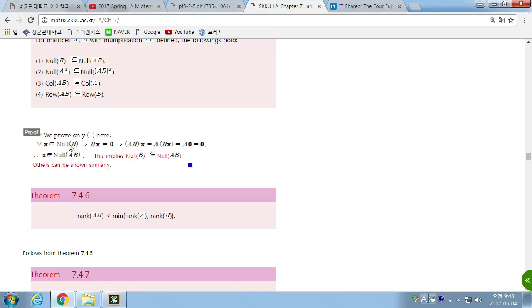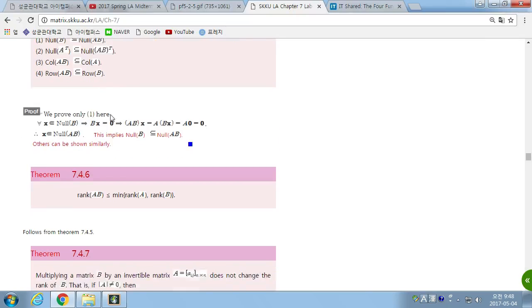So any vector in null space of B is in the null space of AB. So null space of B is a subset of null space of AB. Others can be shown in a similar way. Since we are going to show the subspace relationship, we choose an arbitrary vector from the left and show it is in the right.